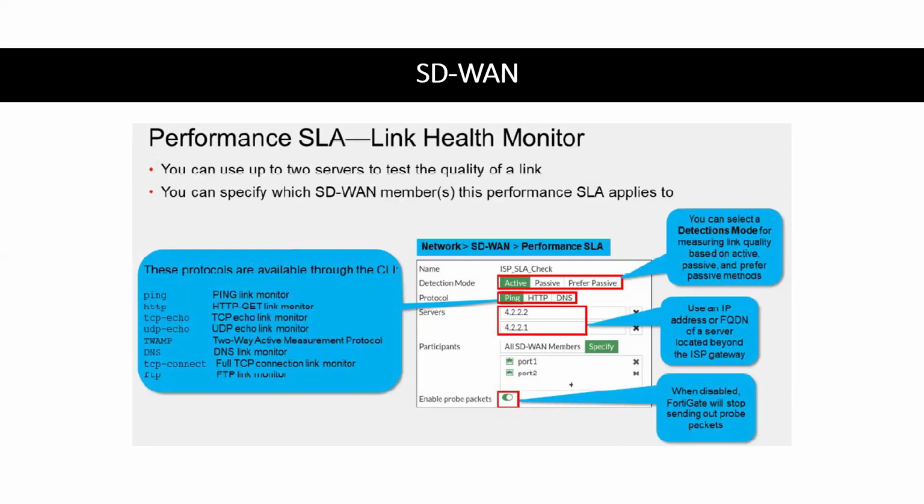We also have the option of passive. The passive detection mode means that the link health monitor is going to measure the link by using session information that is captured on firewall policies that have passive WAN health measurement enabled.